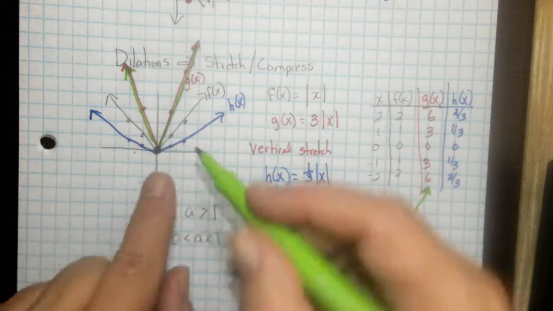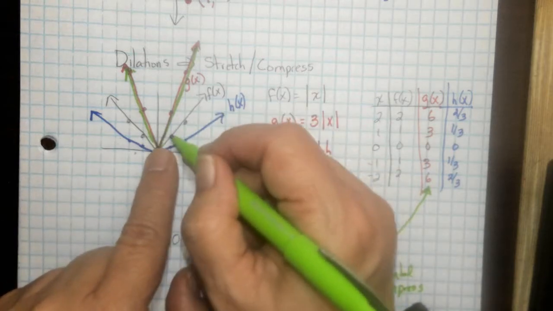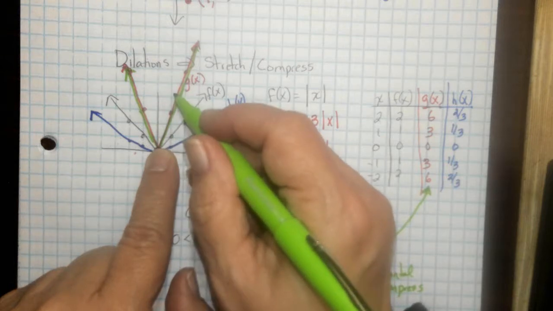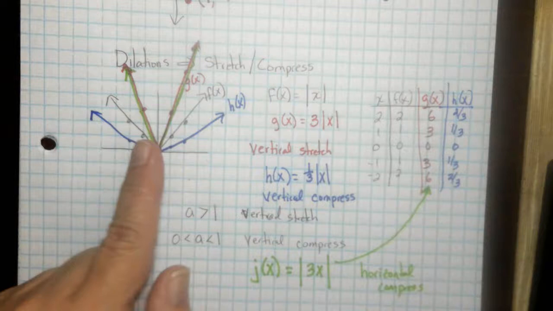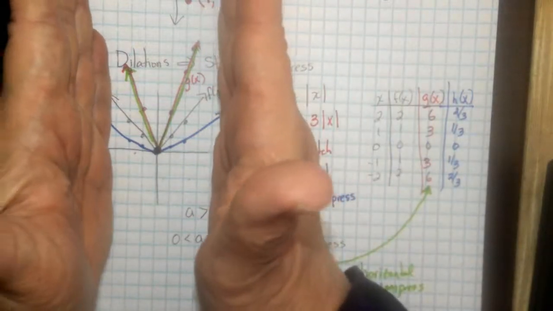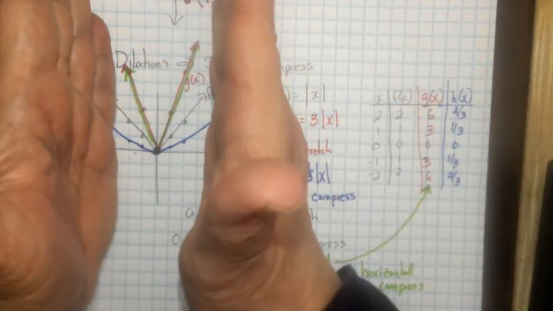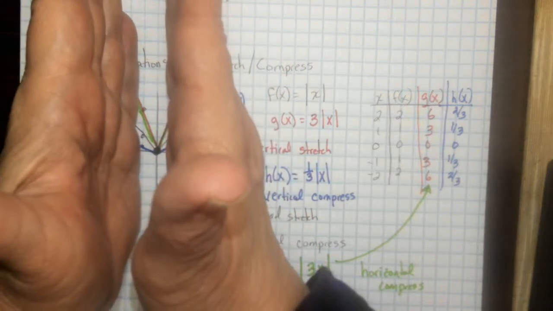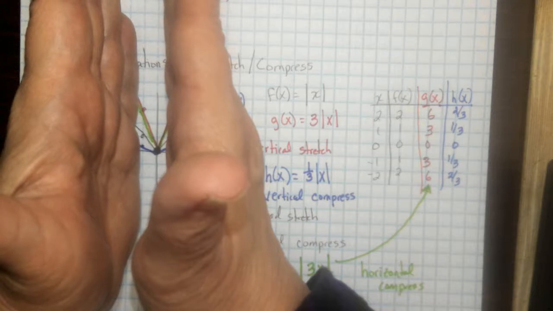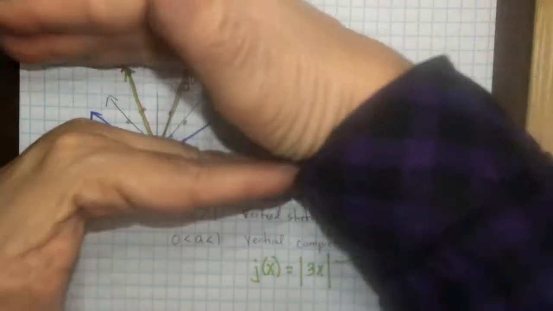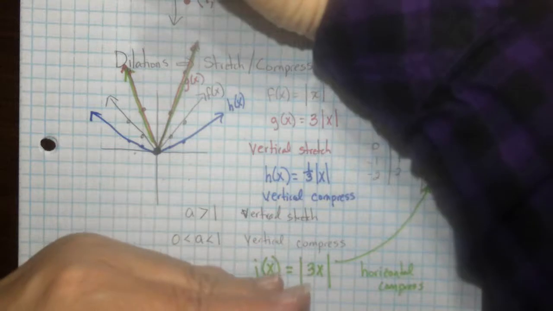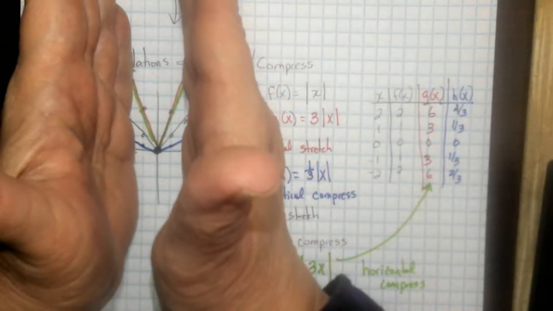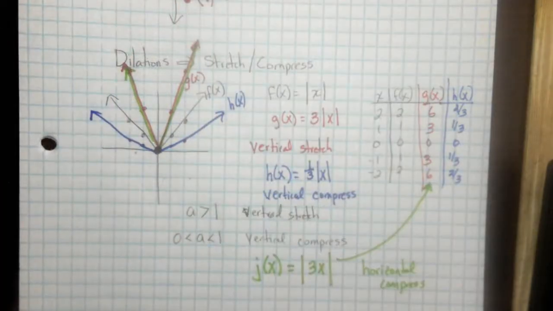Here's my f of x. When I had the red, it was stretching up. But the green is actually saying take the horizontal and press it together. Causes the same effect, right? So taking this and stretching it, or going horizontal and compressing it, gives us the same result.